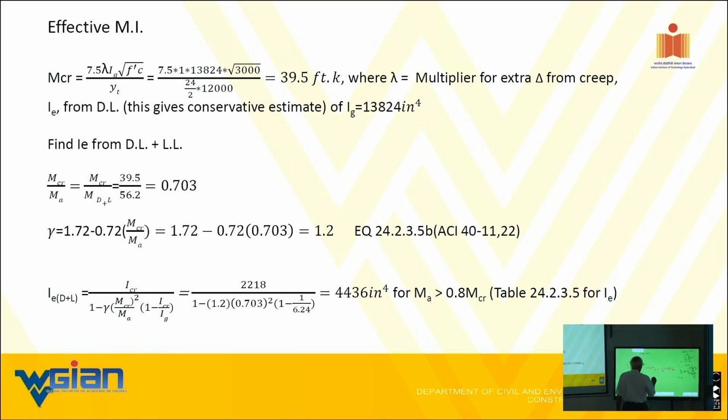Let's look at it from the standpoint of the physics. If I have a beam under bending, meaning some applied load, there is going to be a crack like this under service load.